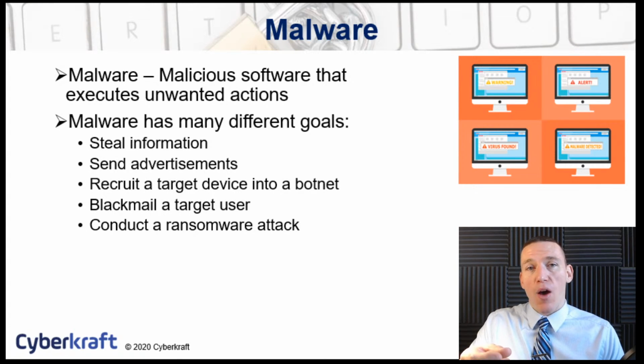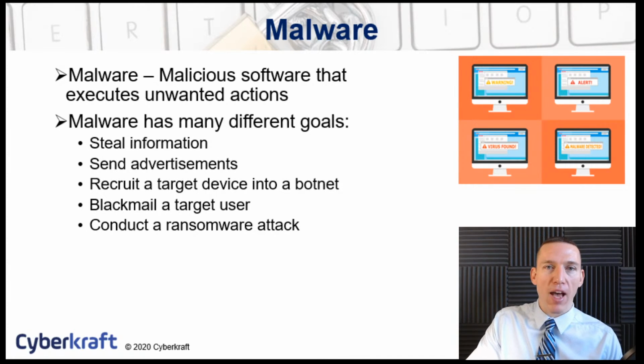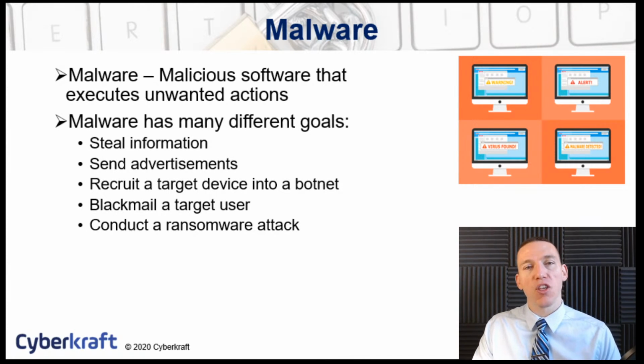Another example of malware is malware designed to steal information. This type of malware includes keyloggers, a type of malware that records your keystrokes on your computer to try and target your passwords and personal information that you might input into a secure website. So it would be monitoring the keystrokes that you put in as a user.